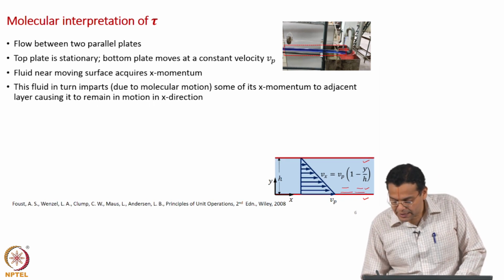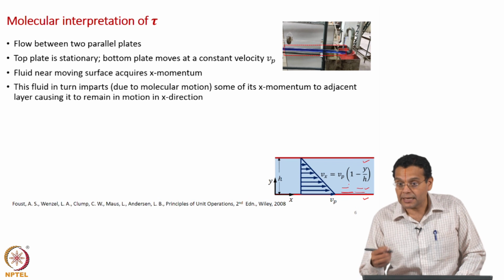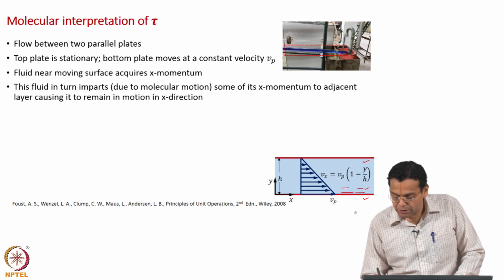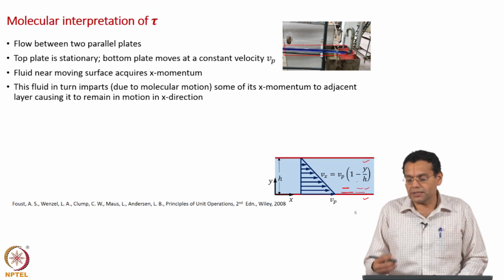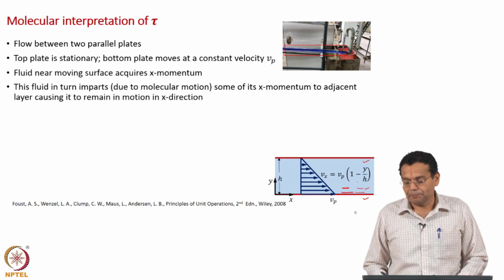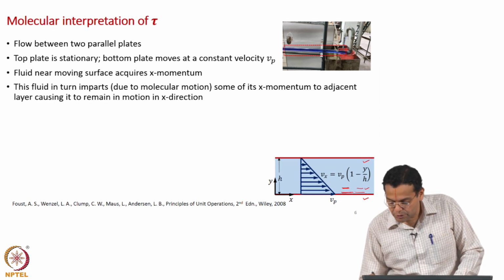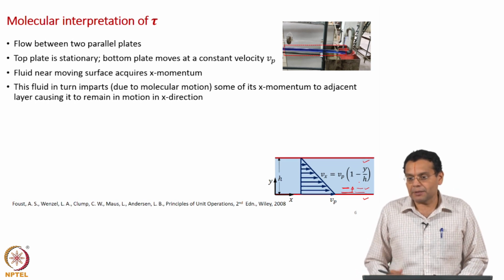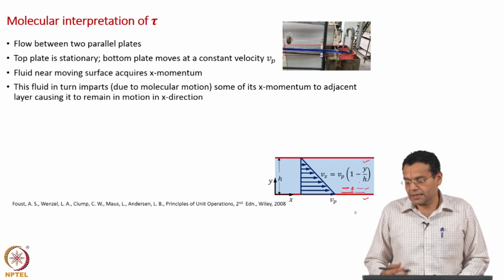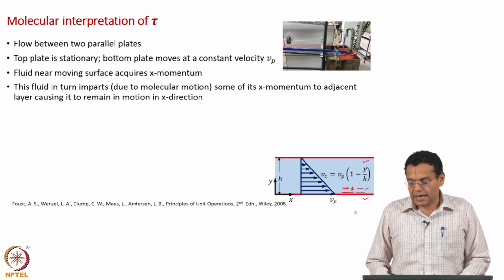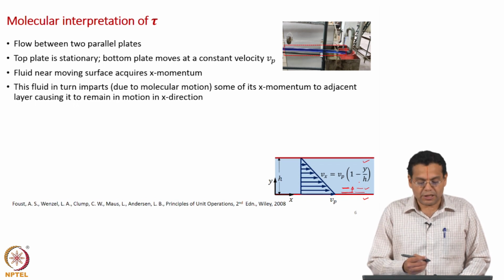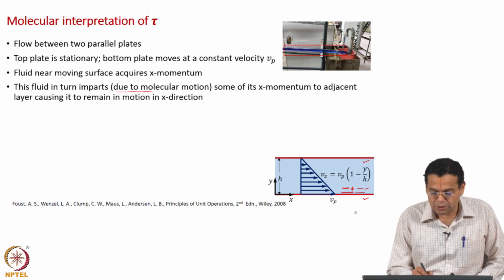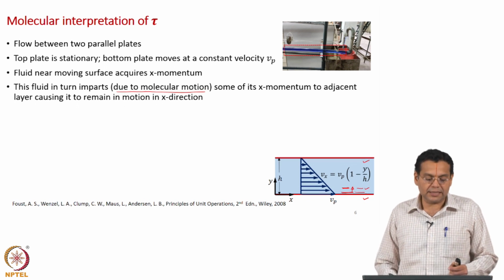The molecules in this layer will have higher x velocity, hence higher x momentum, and molecules in this layer will have lower x velocity and hence lower x momentum. Now let us say molecules move from this layer to this layer, they carry with them the higher momentum, and when they reach the top layer, they transfer their higher momentum to the molecules in that region. That is why here we use the words due to molecular motion. Let us read the sentence again.